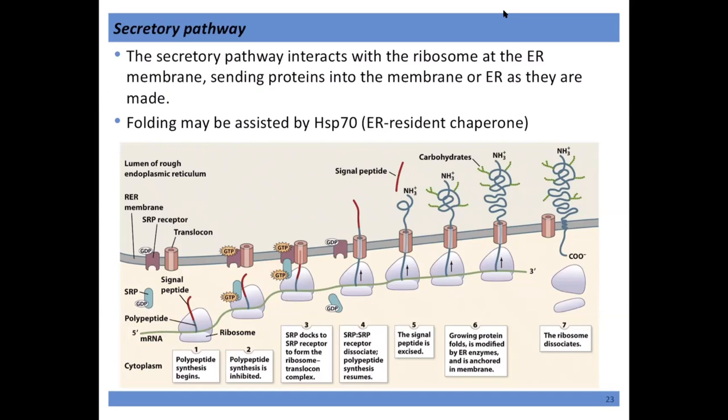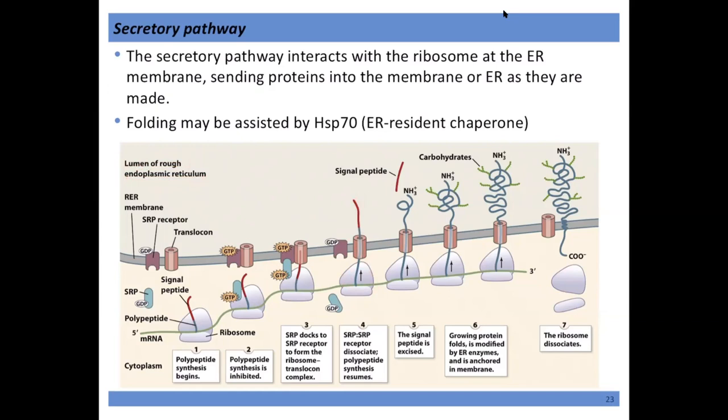And then what happens is that signal peptide is put into the translocon. Now, if you notice, this is the lumen, or the interior of the rough endoplasmic reticulum. So now what you've got is the ribosome associated with the membrane of the endoplasmic reticulum, and you've got a protein that's being fed in there.